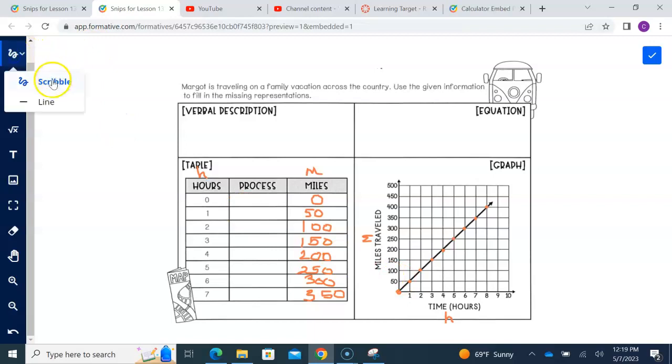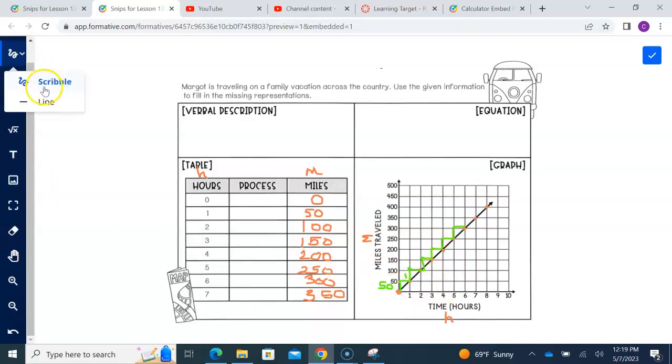So we can see if I've driven 50 miles, I've driven for an hour. If I've driven another 50 miles, it's been an hour. And it's this stair step that you can see. Every time I go 50 miles, I've gone 1 hour. So that's our stair step.